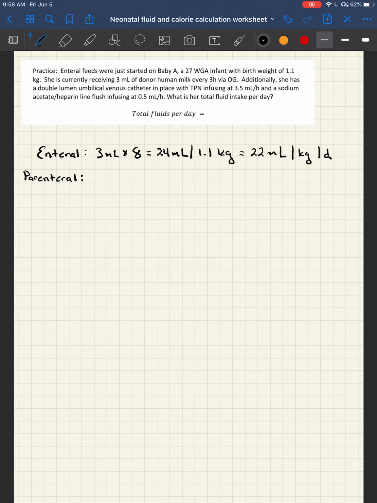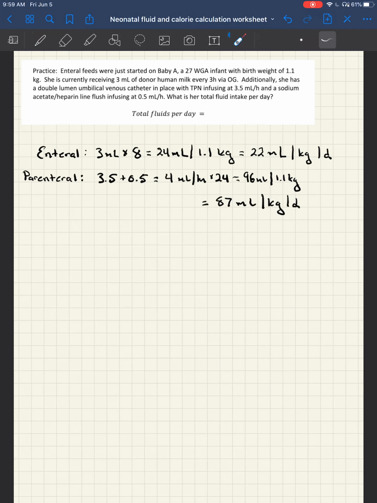For this, we're going to add our rates and multiply by 24. The rate for the TPN is 3.5 milliliters per hour, and our line flush is 0.5 milliliters per hour. Our total IV fluid rate is 4 milliliters per hour. We'll multiply by 24 hours in a day. The total fluid contribution there is 96, but we still need to divide by the infant's weight, 1.1 kilograms. That equals 87 milliliters per kilogram per day.